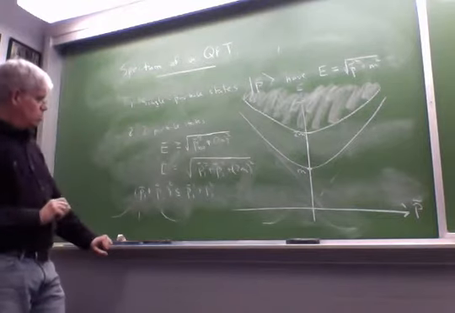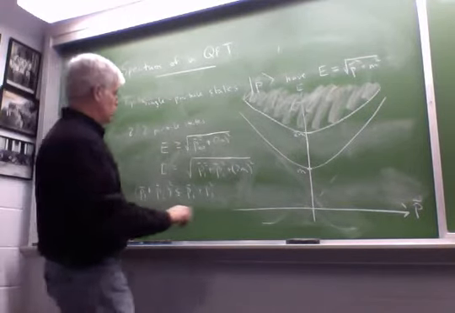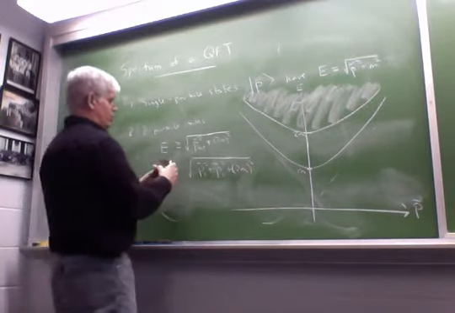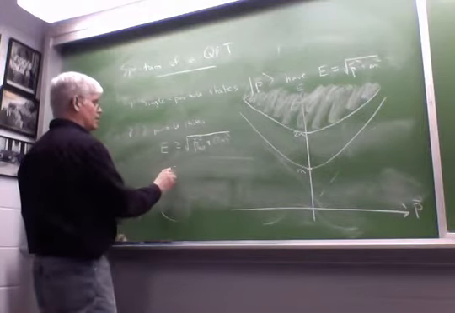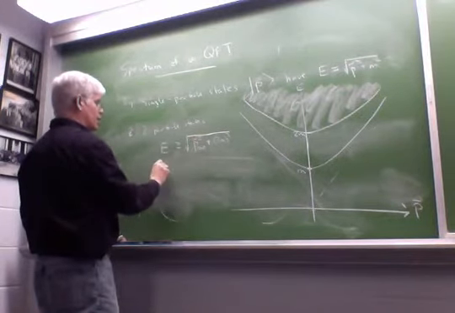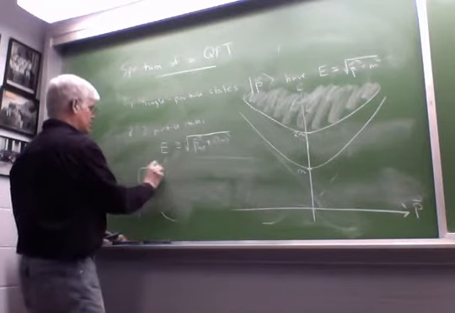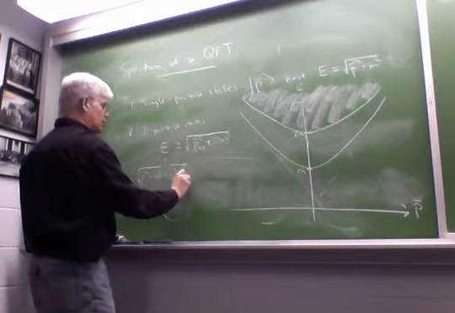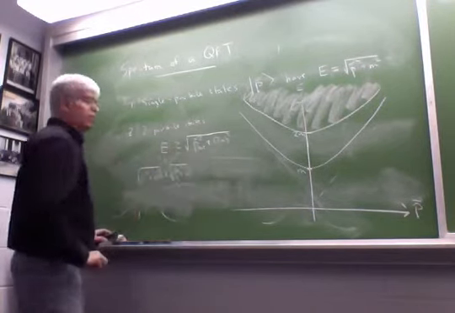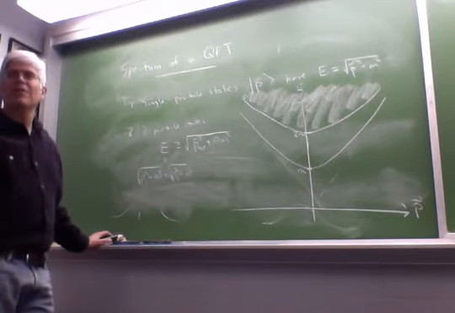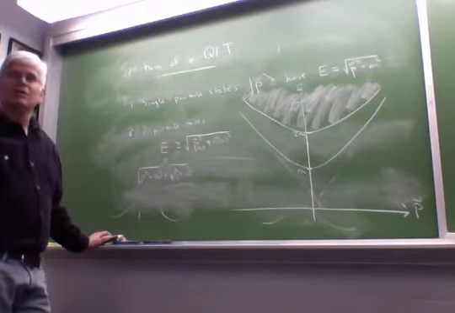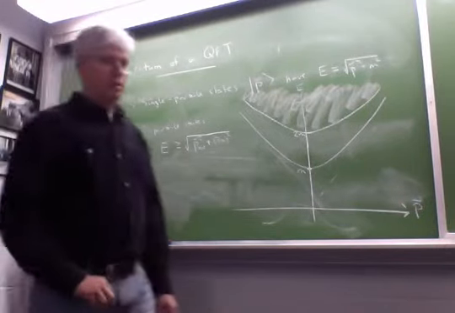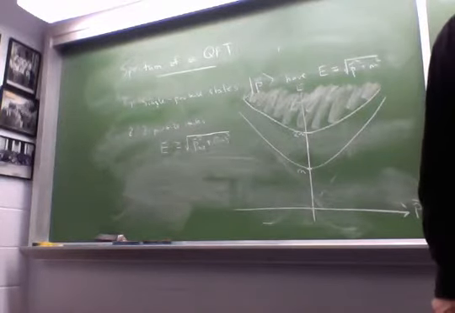I think the E total should be E equal to E1 plus E2. Yeah, I'm sorry, you're right. That's right. This isn't right here. Yeah. So the point is that E total is the square root of P1 squared plus m squared plus the square root of P2 squared plus m squared. And this is always greater than that. Thank you. Okay. It's just some kind of Schwarz inequality or something. Okay.